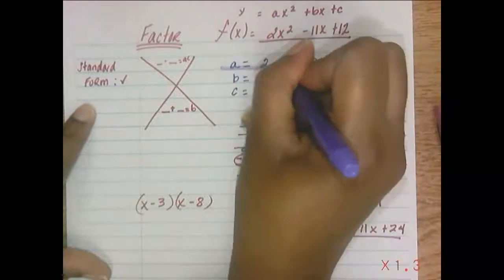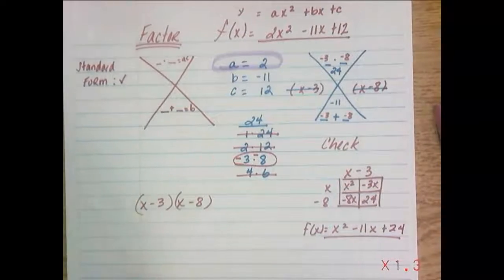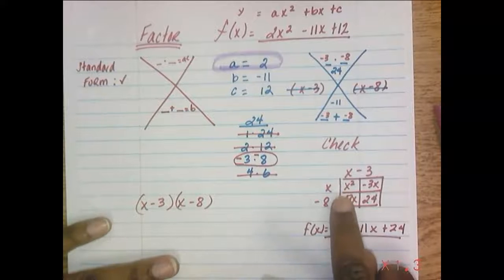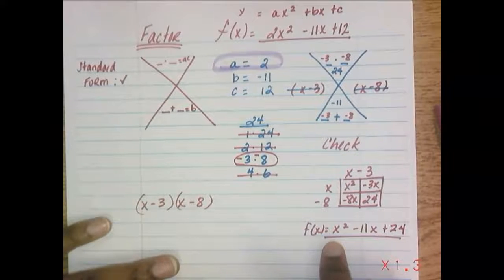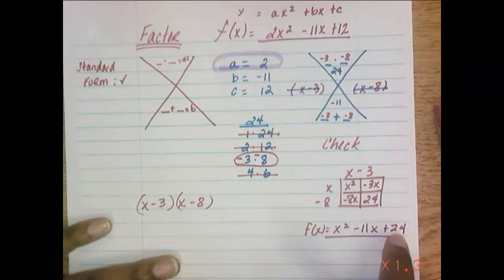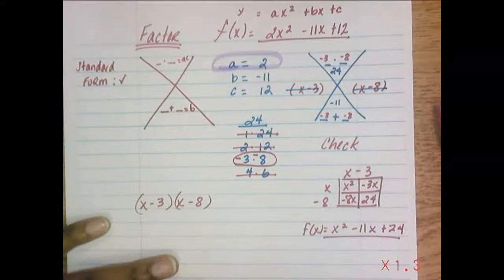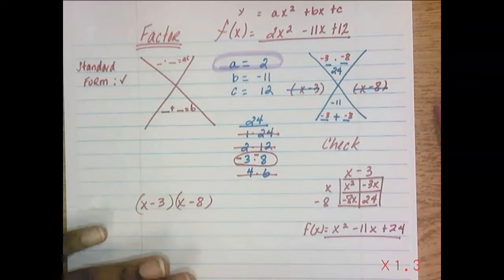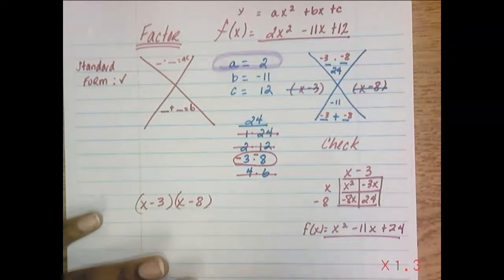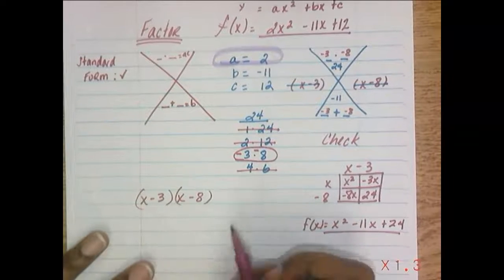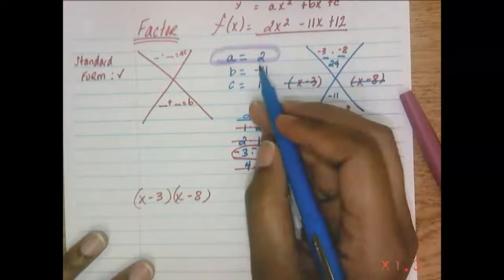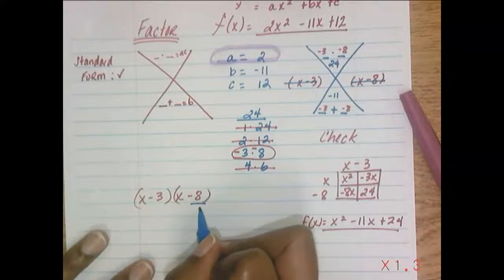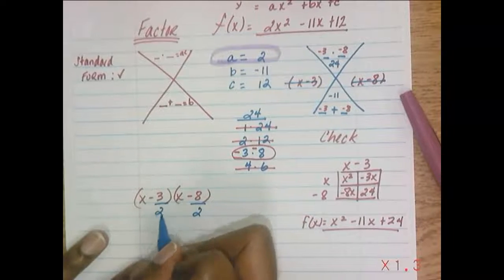So to bring this 2 into the action, because if I put a 2 here, 2x times x will give me 2x squared, but I still have an issue with this 24 here. So here is where the 2 comes in. We end up doing, I think they called it a swing and divide thing, but we take this same 2 that you see here and we divide by 2.